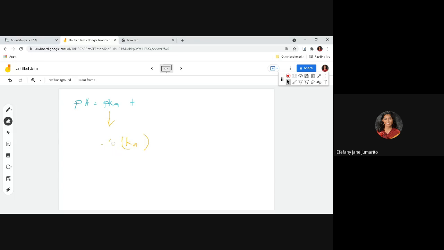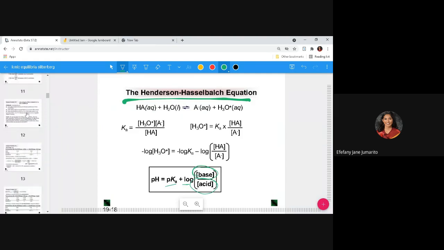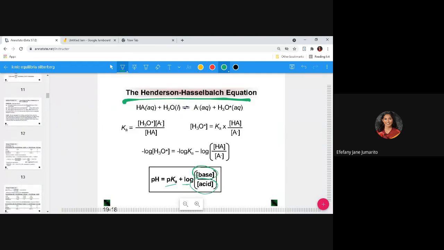No question with this. Plus log of the base or the conjugate base over the acid. That's the concentration, class. Concentration.